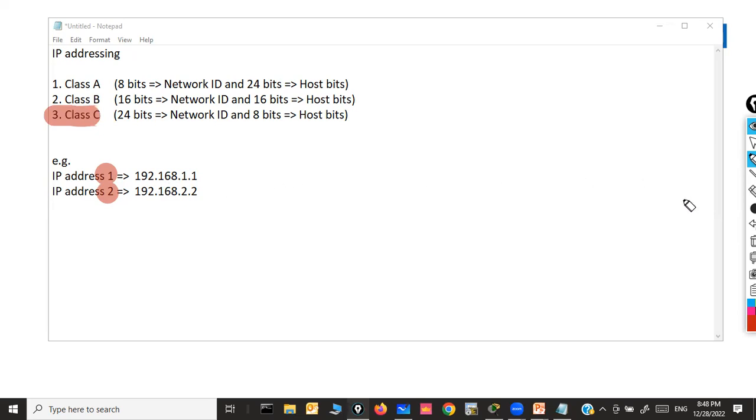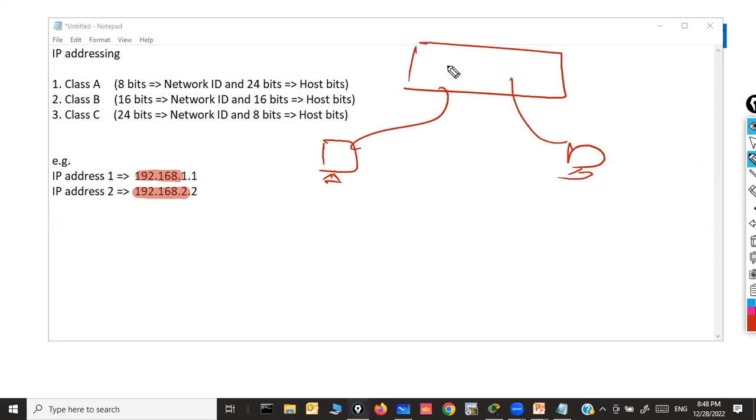In a class C address, the initial 3 octets represent the network ID, or network bits. So this one is network 192.168.2. If there are two computers, computer 1 and computer 2, both connected to a switch, a centralized device, and we assign IP addresses 192.168.1.1 and 192.168.2.2, of course they are not going to communicate with each other.